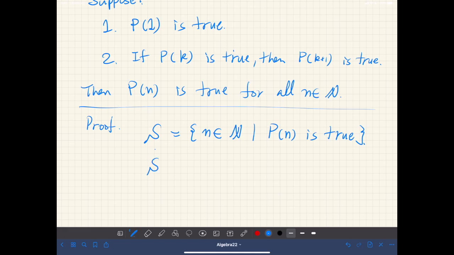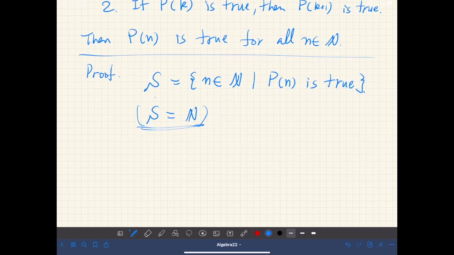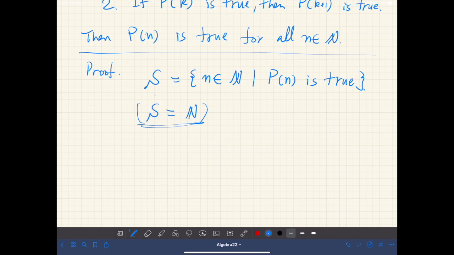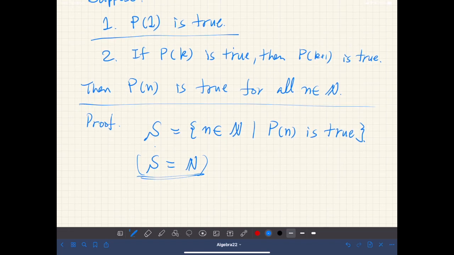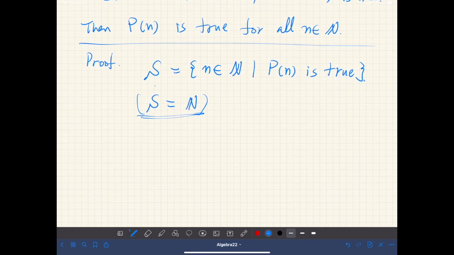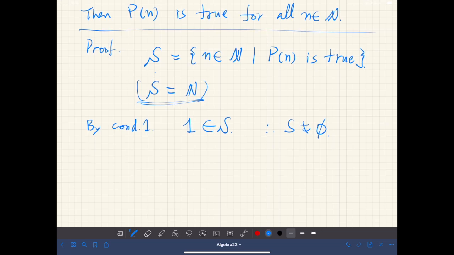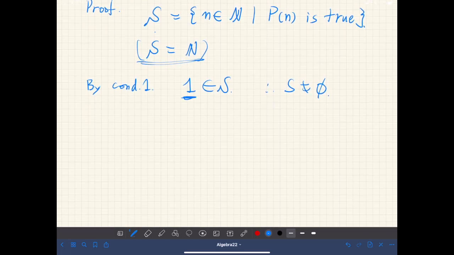So what we want to show is S is equal to the set of natural numbers. Now, by assumption 1, we are assuming P of 1 is true. So by condition 1, 1 belongs to this subset S. Therefore, S is not empty. This S contains at least one element, 1.